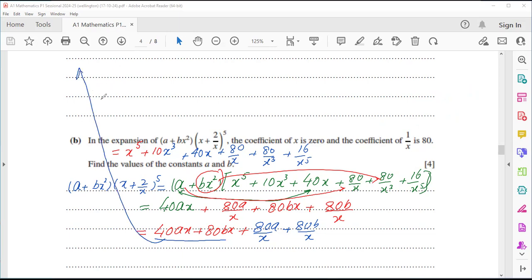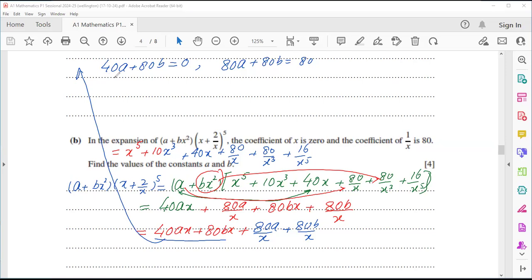The coefficient of x is 40a plus 80b. So 40a plus 80b, and the coefficient of x is 0. You have to put the 0 over here. The next one is you have to find the coefficient of 1 over x. That is 80a plus 80b is equal to 80.